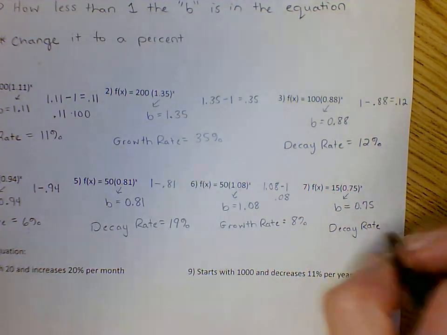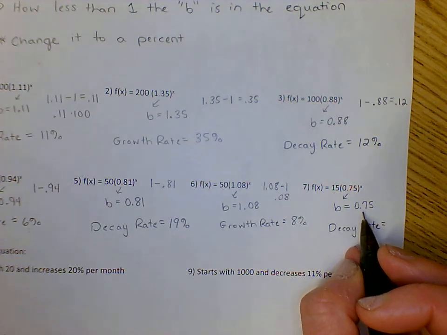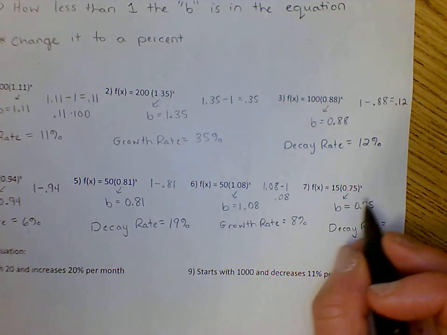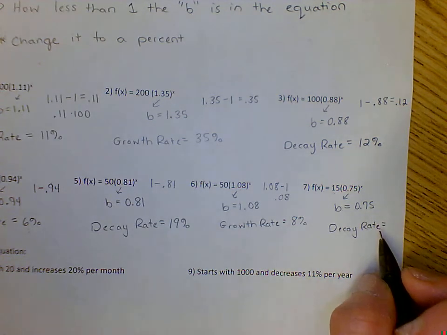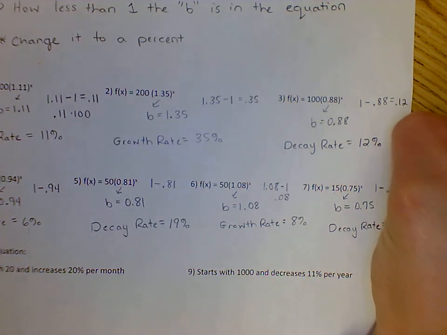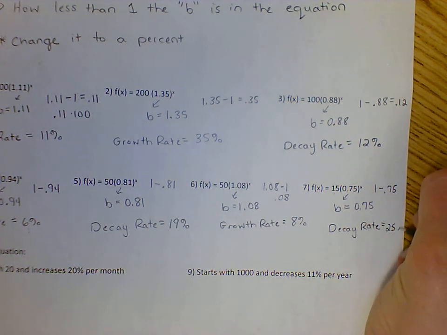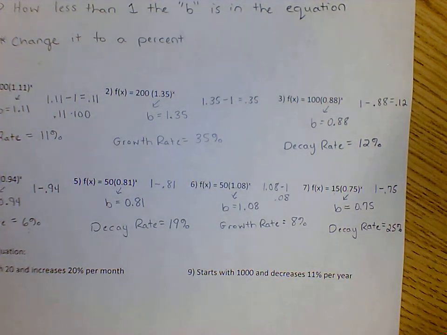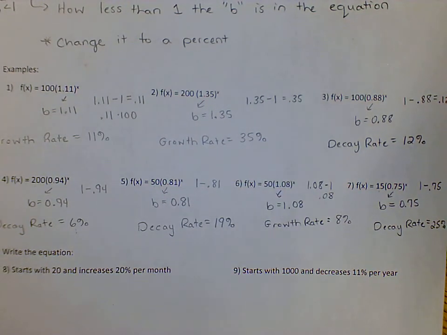The decay rate would be how much under 1 that is. So this is the percent that's staying, so 75% is staying. What percent would be going away? Well, you could take 1 minus that number, and that means that 25% would be going away. Okay, so that's how you find the decay rate or the growth rate from the equation.